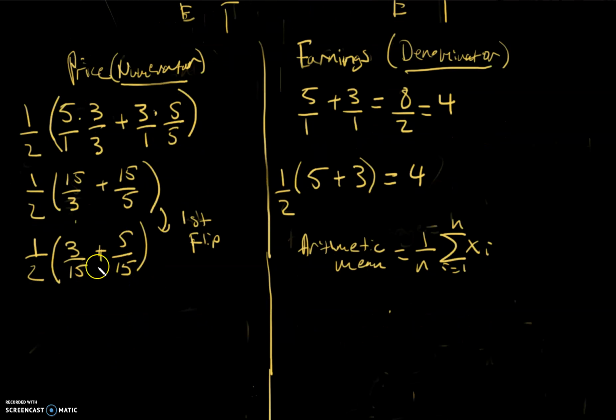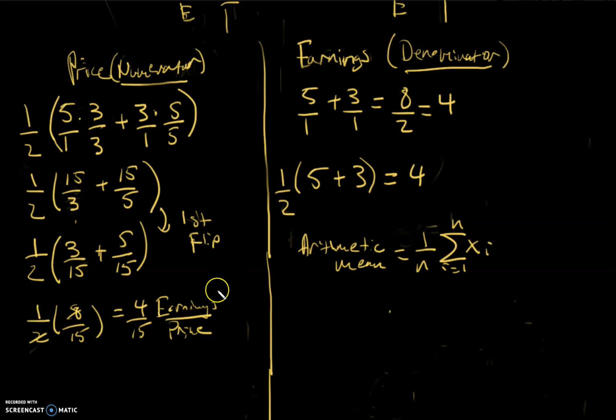So now that we have the denominators the same, we can add these 2 terms together. So we have 1/2 of 8 over 15, cancel out the 2, so we have 4 over 15. Okay, very good. But remember, because we did this first flip, this is in terms of earnings over price now.